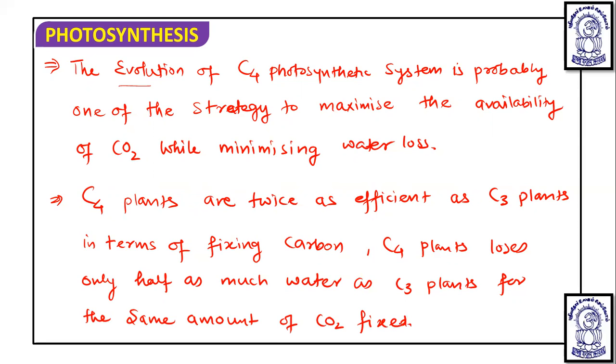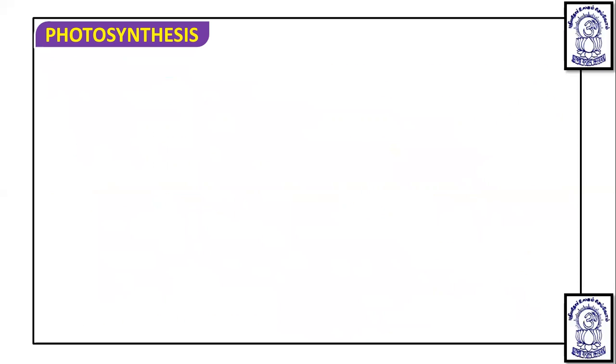Okay, so C4 plants lose half the amount of water compared to C3 plants for the same amount of CO2 fixed. Okay, so because of this, it is considered that C4 plants are better and more efficient compared to the C3 plant.